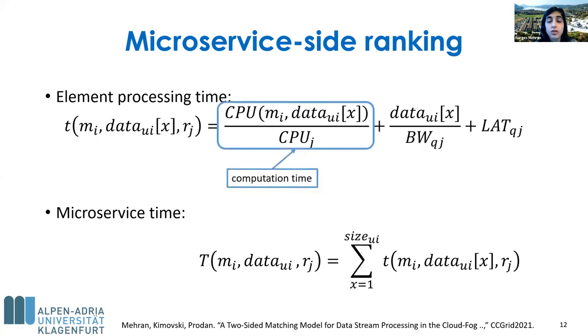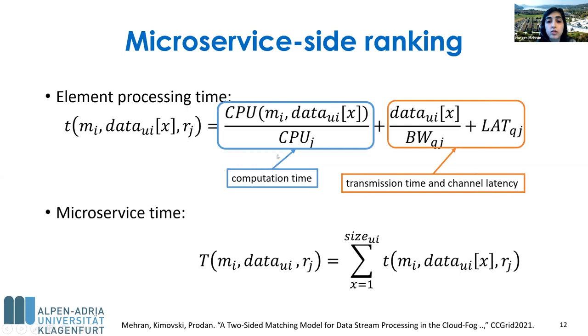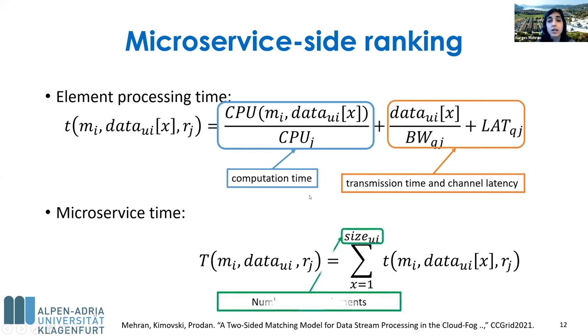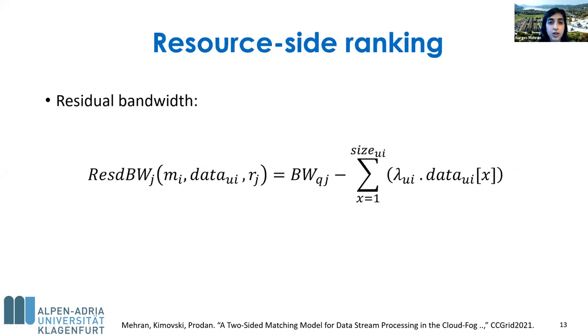For the microservice time, we calculated firstly the element processing time, considering that the data element that should be processed by a specific microservice being hosted by a resource consists of two different components, the computation time and the transmission and the channel latency. And then at the end, based on the different number of elements that each data stream can have, we calculated the microservice time to be a method for the ranking on the service side.